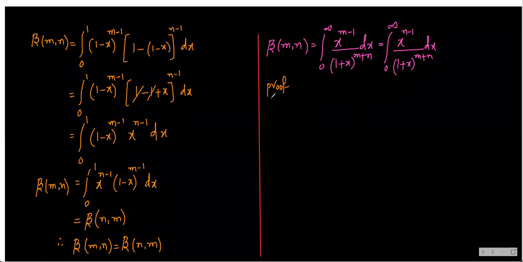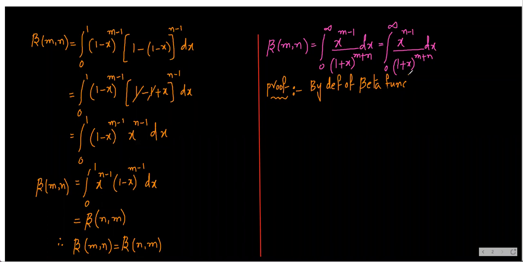So the proof of the second most important property. Every time we can take the help of the beta function definition only. By definition of beta function. You remember, याद हुआ definition?